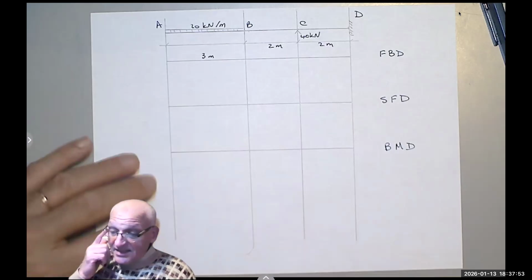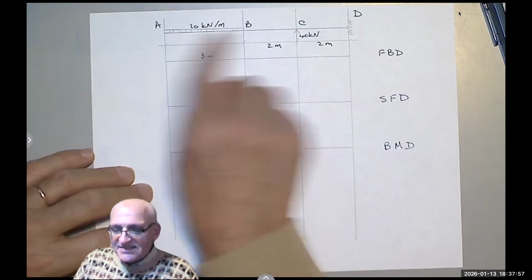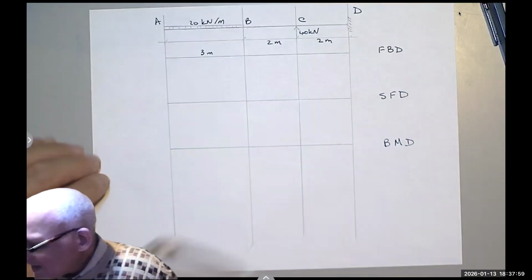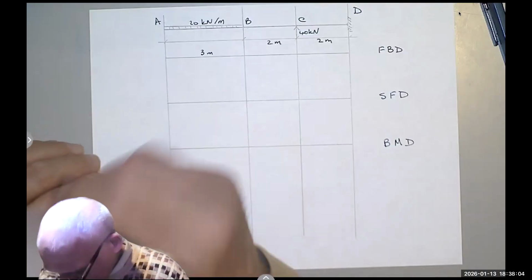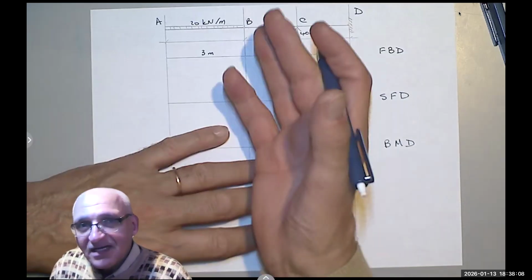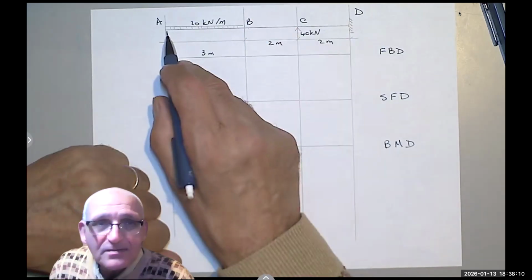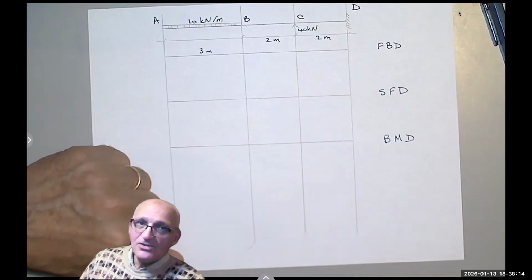Just in order to find the reactions at the support, we are going to replace it with a single force. I'm going to draw it with a pencil and dotted lines, so you know it's not an extra concentrated load. It's just for the purpose of finding the reaction, not for drawing the shear or the moment; you cannot do that.